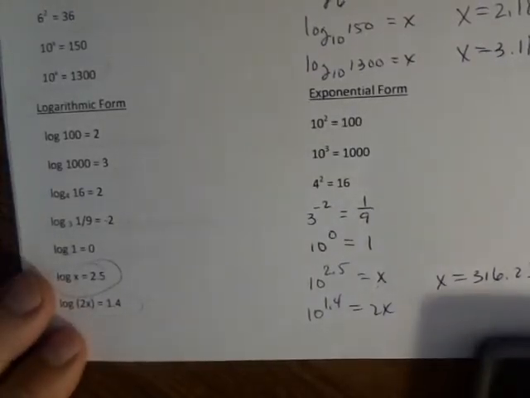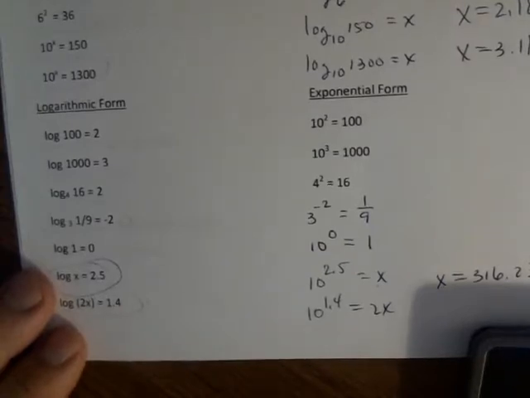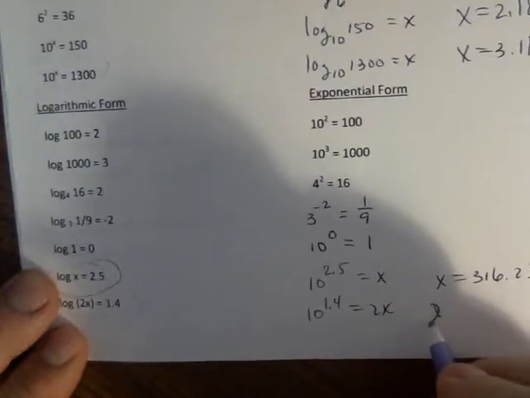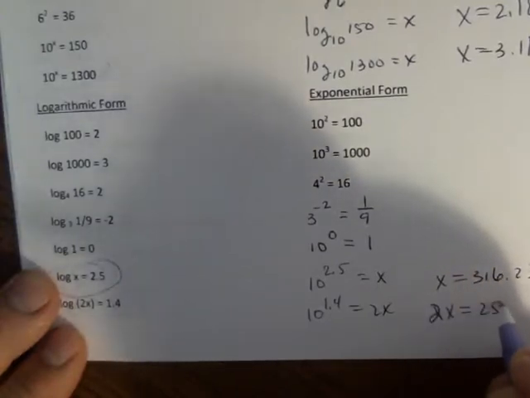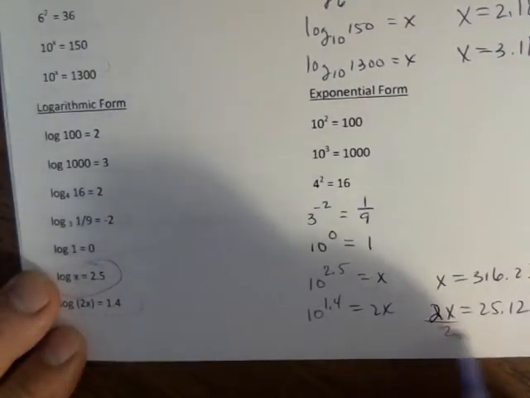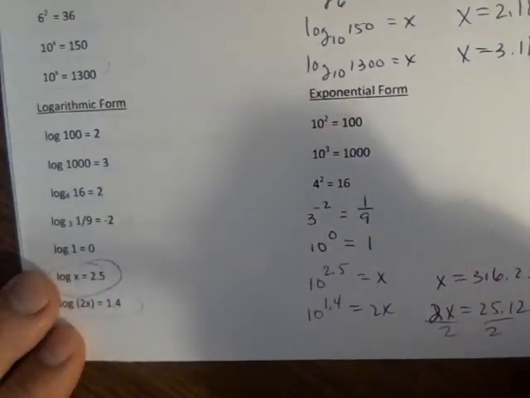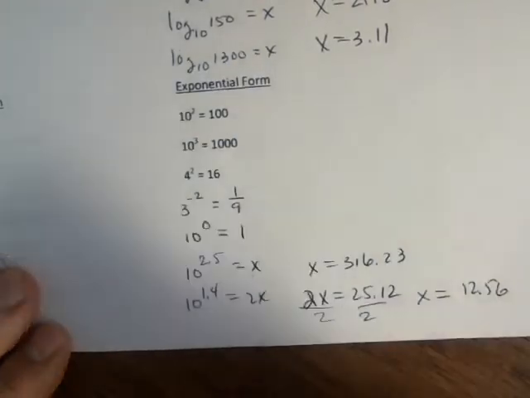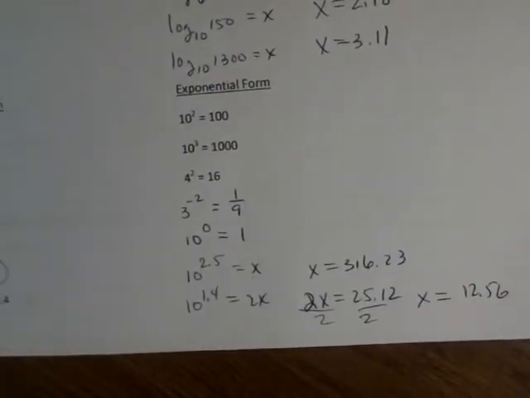Then I take 10 to the 1.4 power, and I get 25.12. So 2x is 25.12 divided by 2. And then x is 12.56.